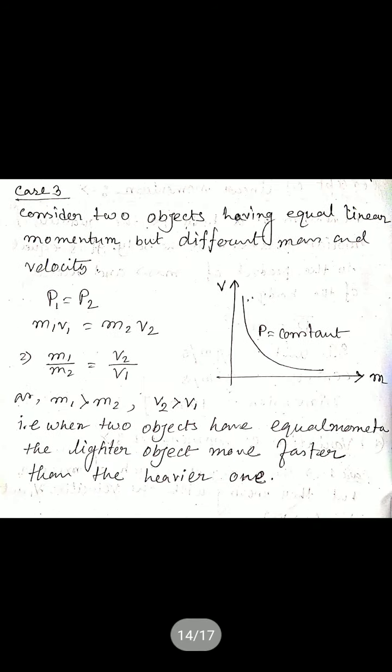Case 3, here we consider the momentum to be constant, having equal linear momentum but different mass and velocity. So p1 equals p2. Two different objects: one is a lighter object, with its velocity different, and another is a heavier object, with its velocity also different. How will the velocity be different?